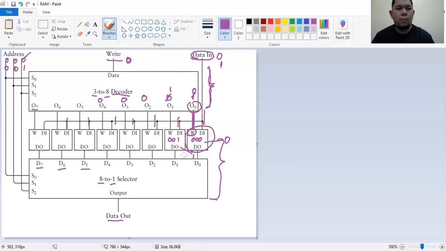Okay, so when we select the address 0, 0, 0, our selector selects this specific address and outputs 0. Now, when we change the address to 0, 0, 1, it specifically selects this specific address, which contains the value of 1. Okay, so that is how the RAM works.